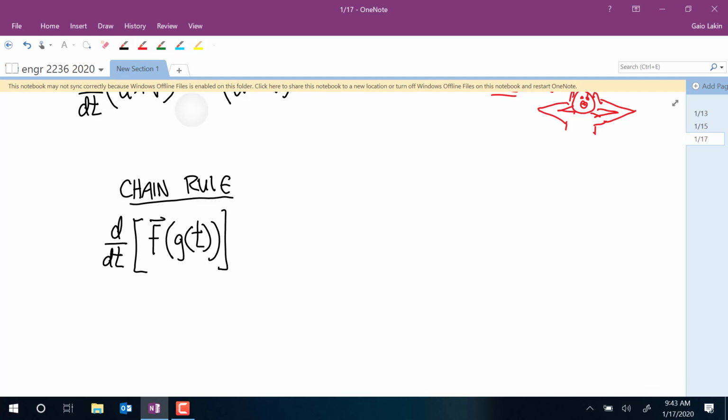So the way you calculate that is df/dt equals df/dg times dg/dt.